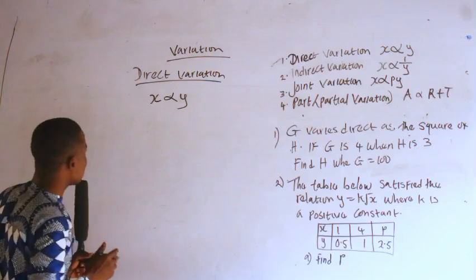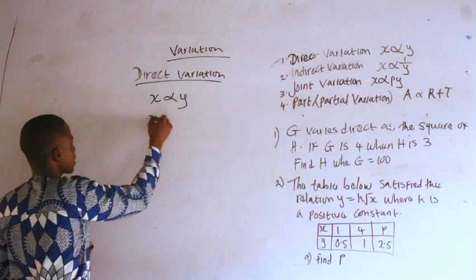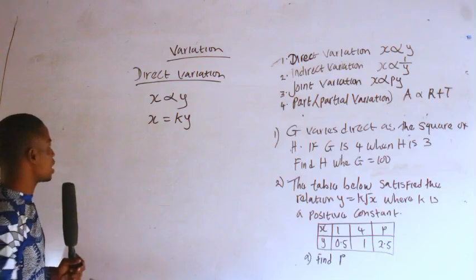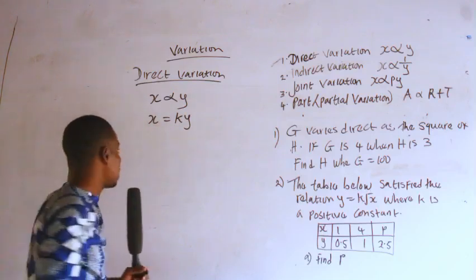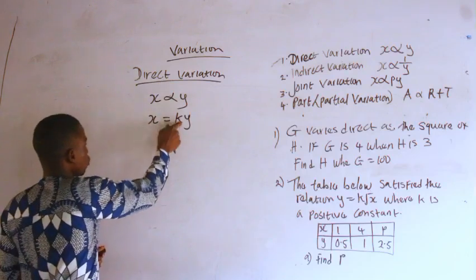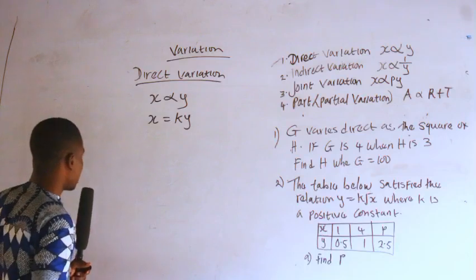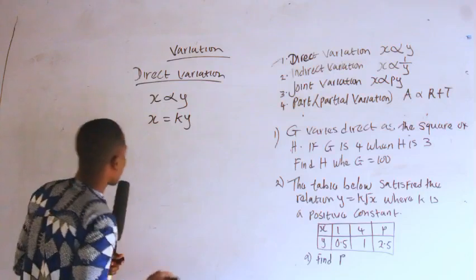What this really means is that you need to break it down in a mathematical way: x equals ky. That's the relationship between them. The relationship between them is the constant. That's what we call variation.